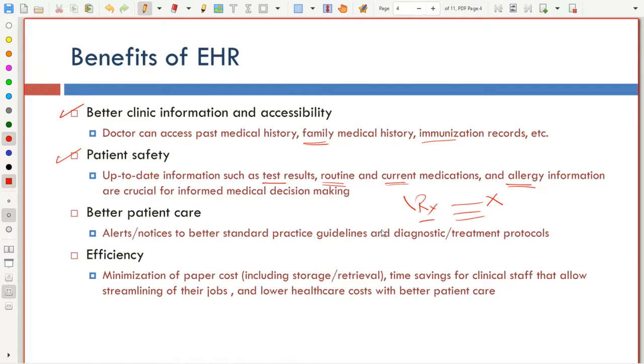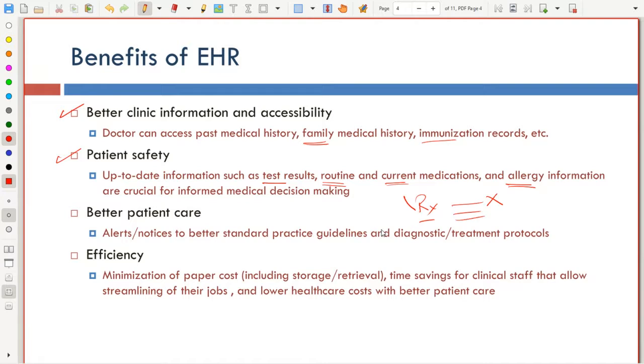And if there is any conflict, it would give an alarm to the doctor right away, so that he can prescribe another version or a different medication that does not have that interaction. So this is extremely important. For the allergy, if you give the patient a medication that would trigger an allergy, this can actually lead to his death.